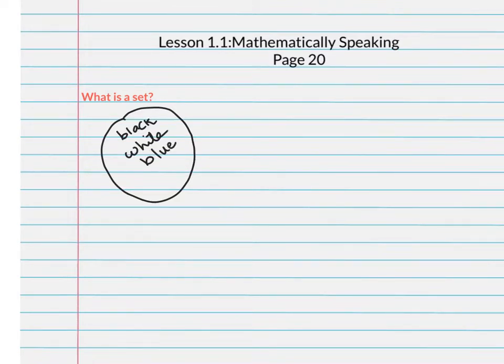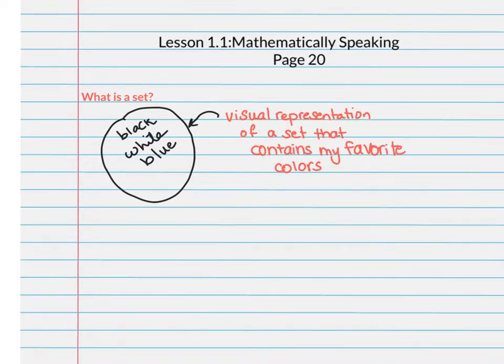So this is a visual representation of the set of my favorite colors. Now the question is, is this visual representation mathematically acceptable? Of course not. This is not the proper mathematical language that is used to represent a set. Then how do we represent a set mathematically appropriately?